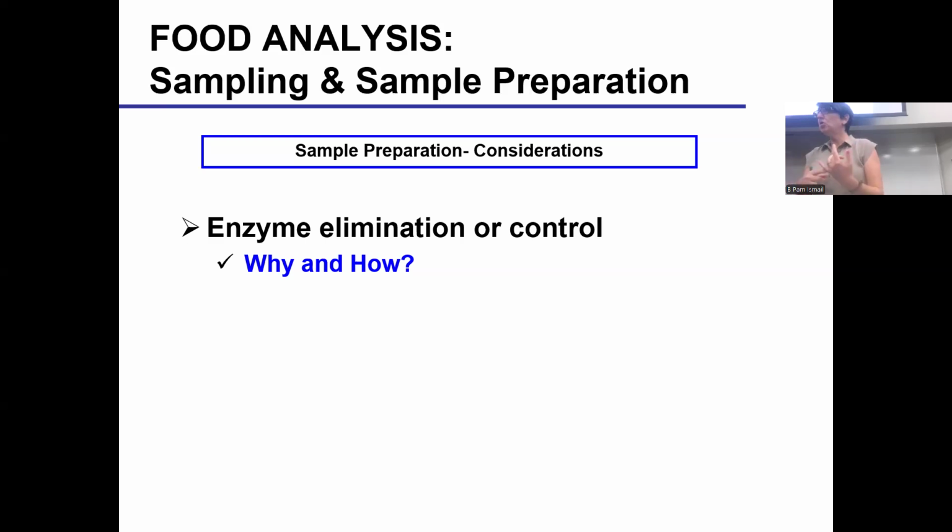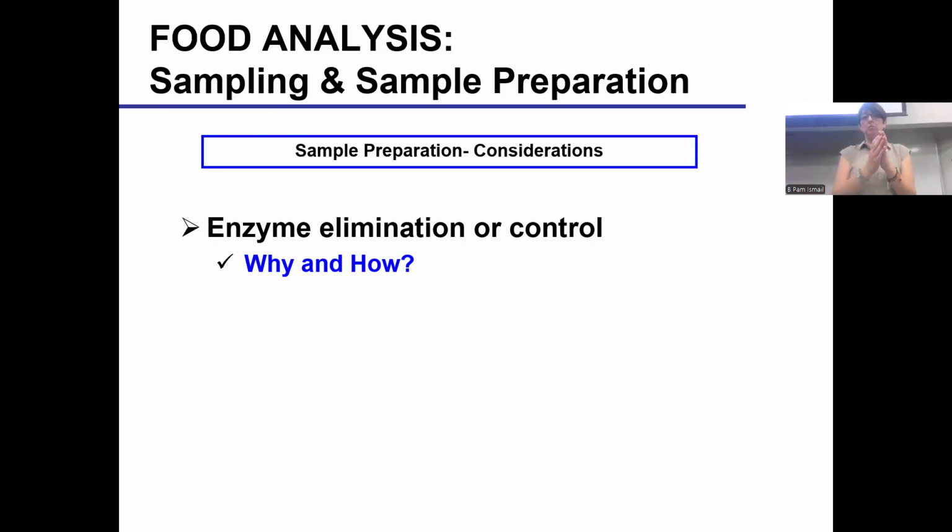The right temperature, right? The right pH, the right moisture content. So you want to store your sample mostly in cool conditions, well packed. You eliminate the air when possible. You might change the pH to acidic.